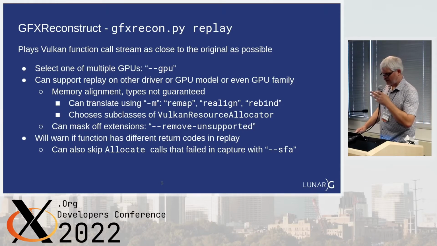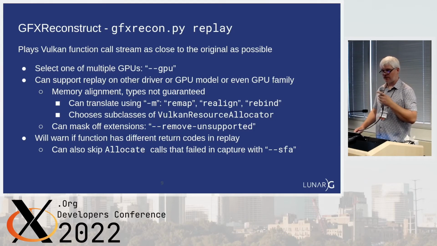This is kind of my private favorite option, this remove unsupported. When you create an instance in capture, you provide a list of extensions. So in replay, normally we just pass that list of extensions through, but driver versions change the number of extensions available. Some go away. An example was VK_KHR_ray_tracing, which was a provisional extension for a while, and it was split into 3 different ones.